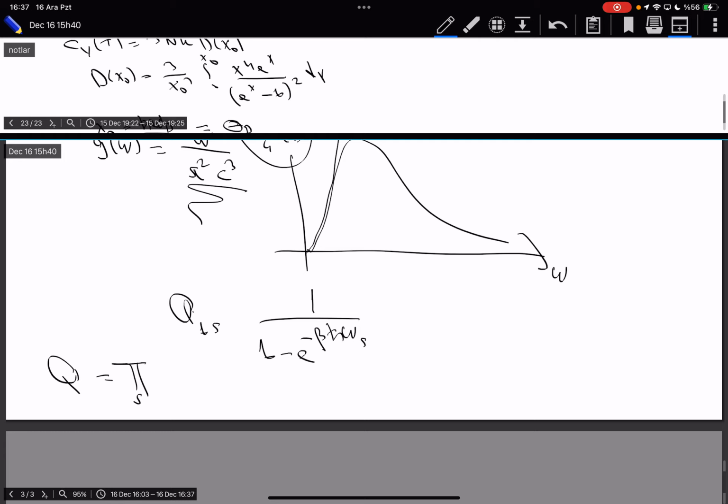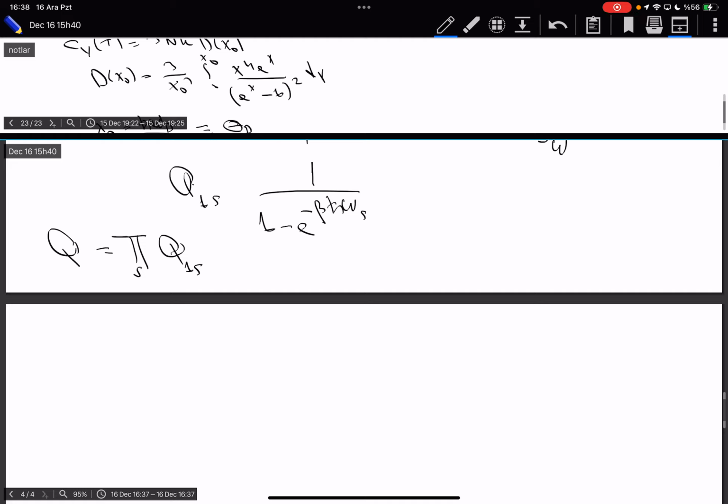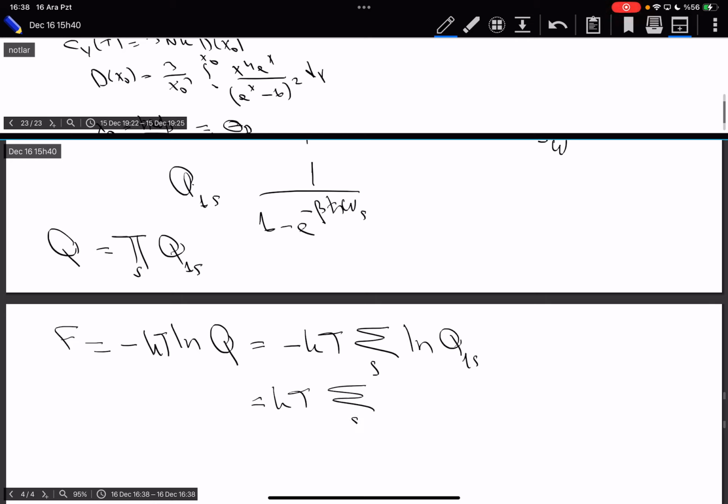Now, there are infinitely many terms here, Q1 of S. Then the free energy will be minus kT times the logarithm of Q, which will be minus kT times the sum over logarithm of Q1S, which will be kT times the sum over S of the logarithm of 1 minus e to the power minus beta h bar omega S.